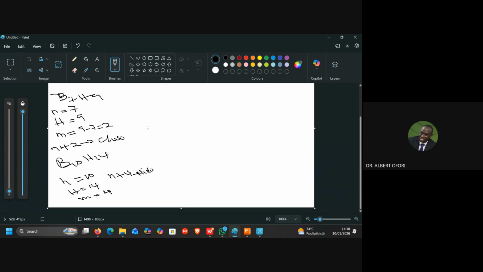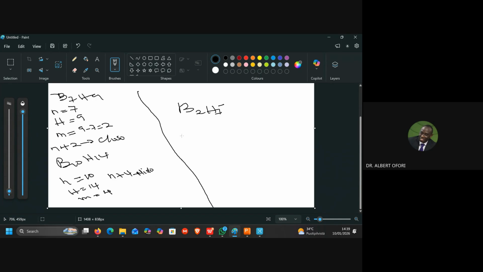Okay, so try the following. The teacher will always do the easy one and give you the difficult one. So try the following. Let's predict the shapes for the following: B2H7 minus. B2H7 minus. What will be the shape?